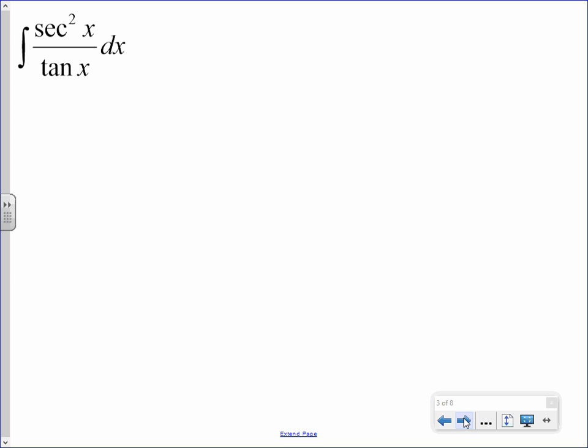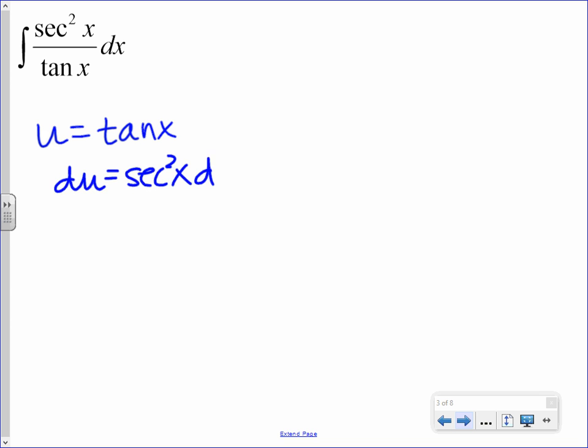The numerator has a higher power. What else do you notice? The derivative of tangent is secant squared. That's nice, right? Which means if we let u equal the tangent of x, then du is secant squared x dx. So Michael was actually good that it was a higher power, right? Because it has this relationship.